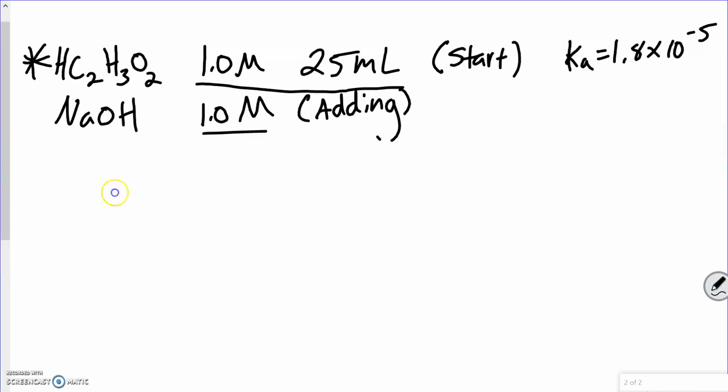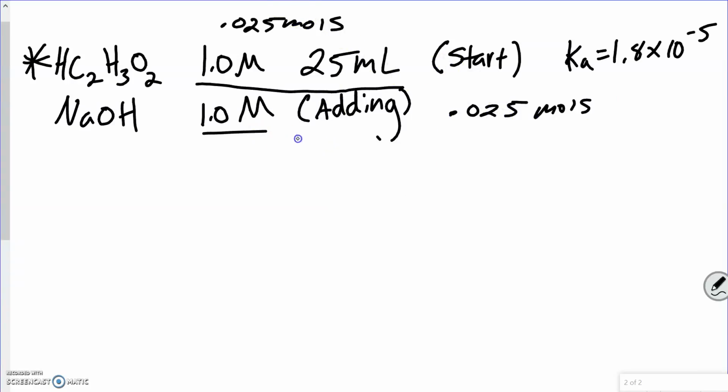So we can do our math and basically say, we know we have 0.025 moles of the acetic acid, which means we must have 0.025 moles of the sodium hydroxide at the equivalence point. These two values have to be equal or it's not an equivalence point.